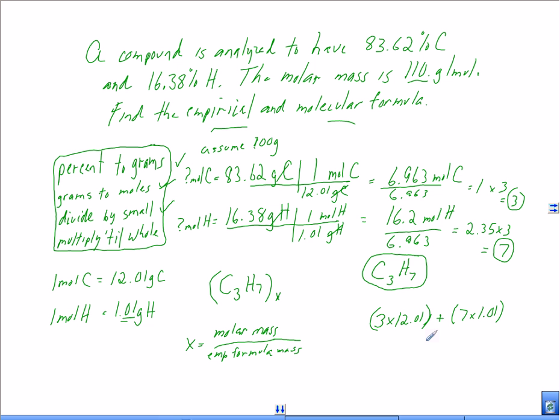So when I multiply those out, I end up with 36.03 plus 7.07, which sums up to 43.10 grams. That is the empirical formula mass.